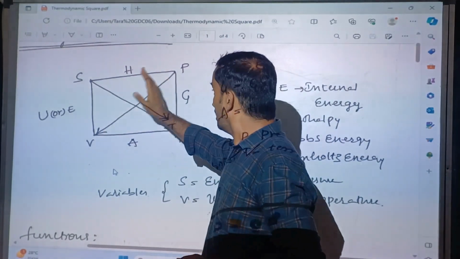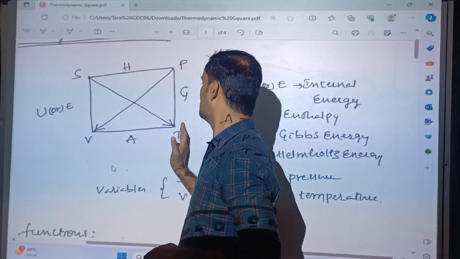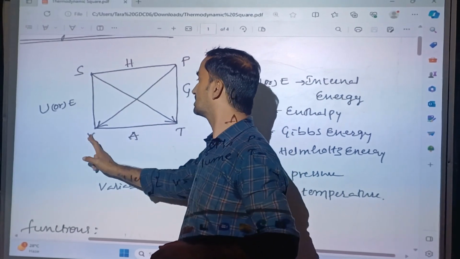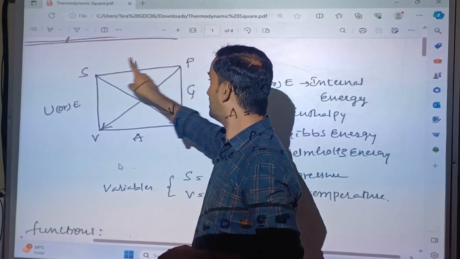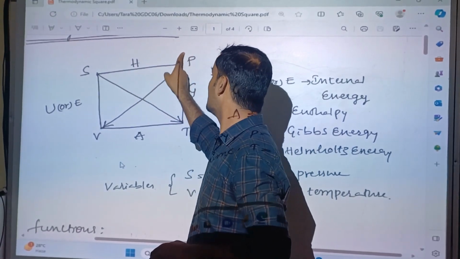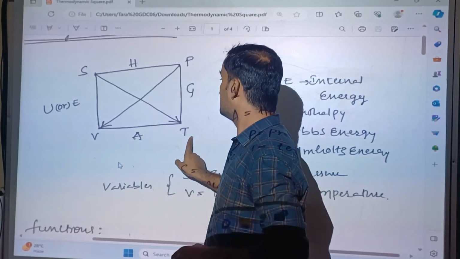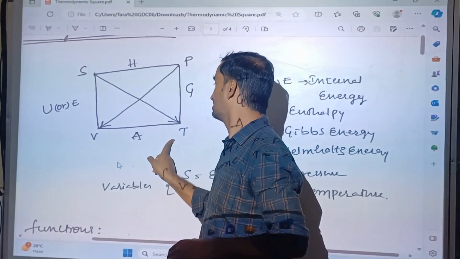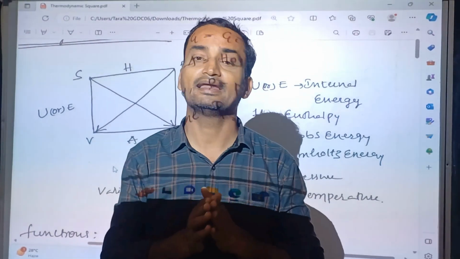Now, just like this one by this one equal to this one by this one, now this one by this one is equal to this one by this one: ∂P/∂S is equal to ∂T/∂V. Why? We are considering the opposite sides H and A. ∂P/∂S, since the numerator is pressure, at constant volume. Now for ∂T/∂V, the opposite variable is S, so at constant S. Here the arrow mark is towards ∂T, so we get a minus sign.